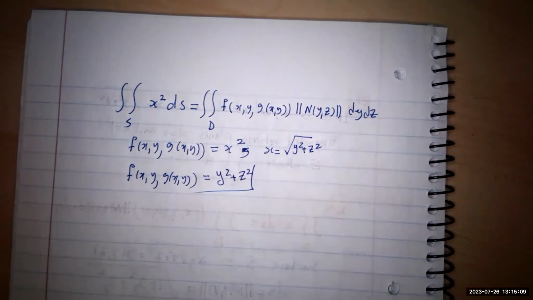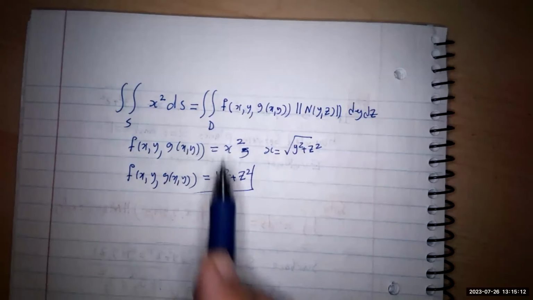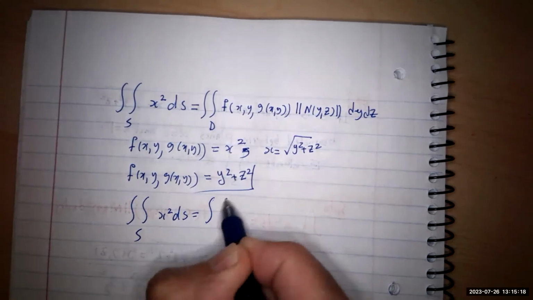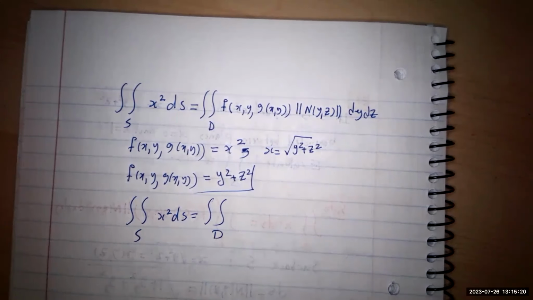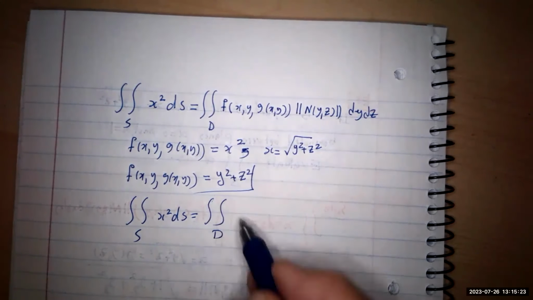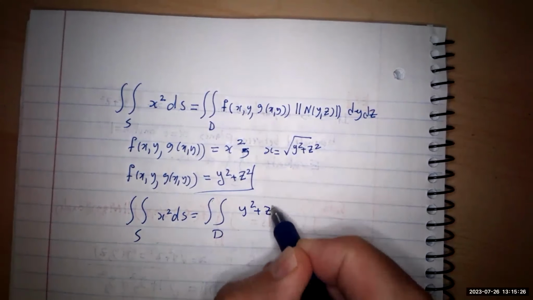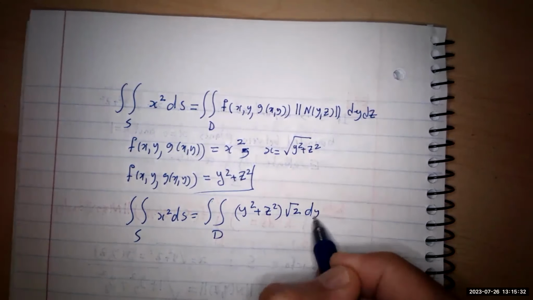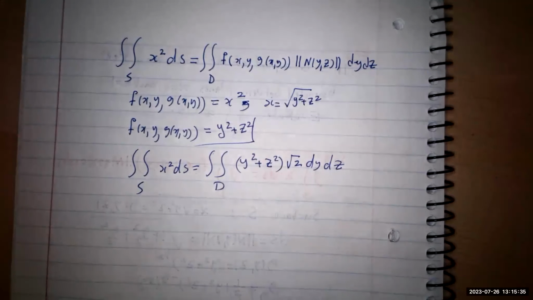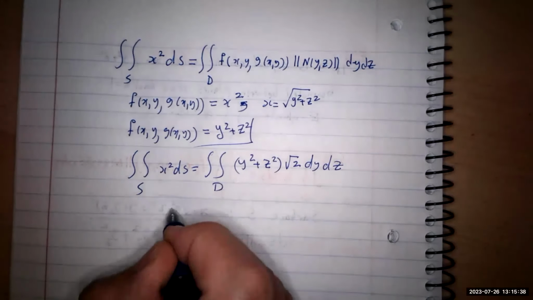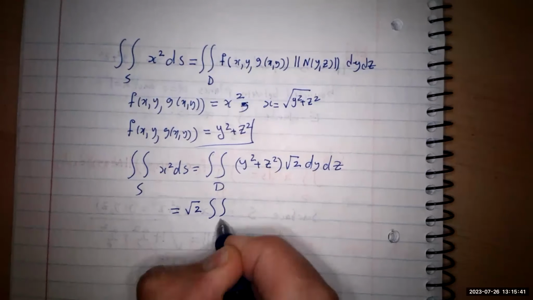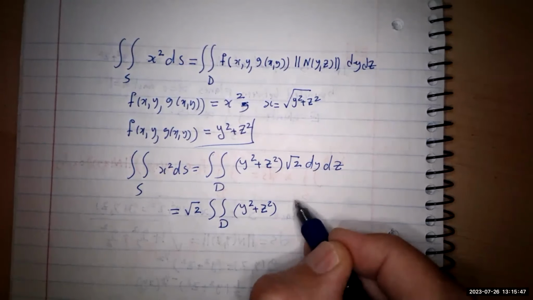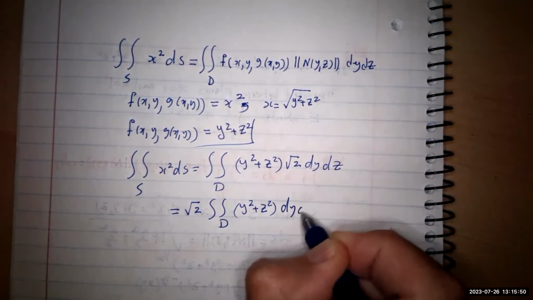So the double integral on the surface of x squared dS, and we now substitute the norm: the function is y squared plus z squared, and the norm of the normal vector is radical 2. And then you integrate with respect to y and z. You can pull out the radical 2. So you are going to find radical 2 times the double integral of y squared plus z squared, then dy dz.